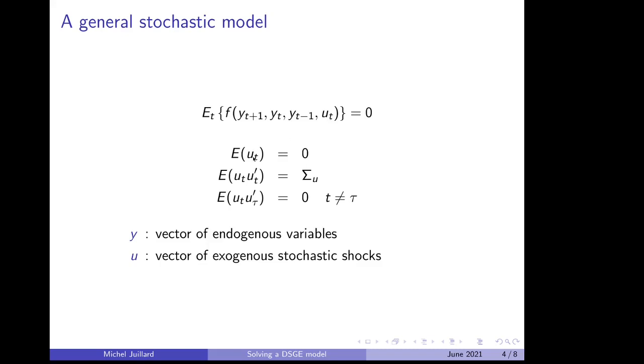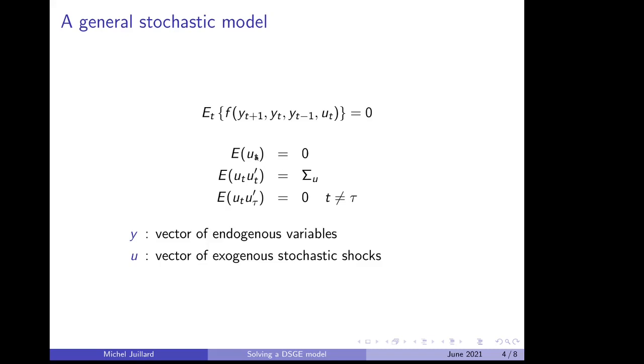The expectation of ut is equal to 0. That means that we perform a complete split between the deterministic part of the model and the random part. So if you had a constant, you would put it in the deterministic part, so that the random component is always zero mean.